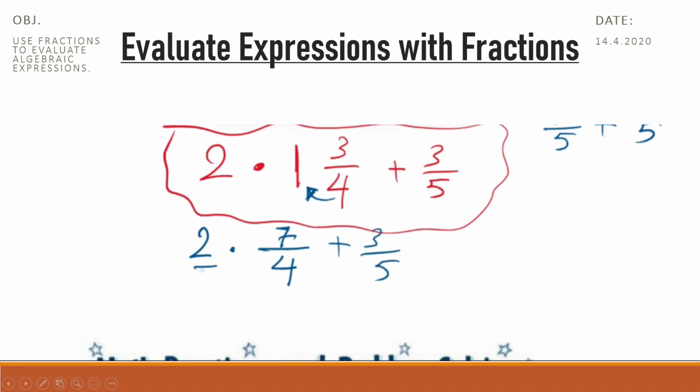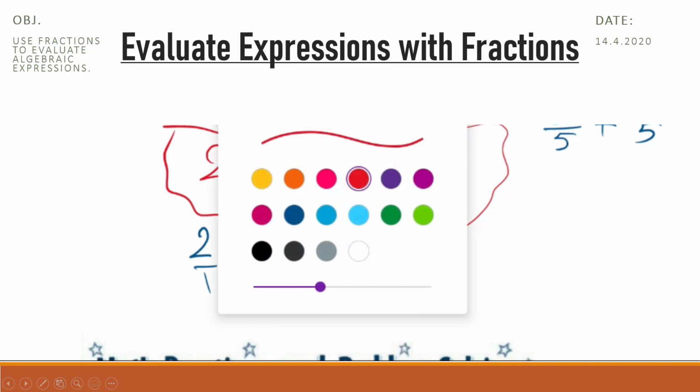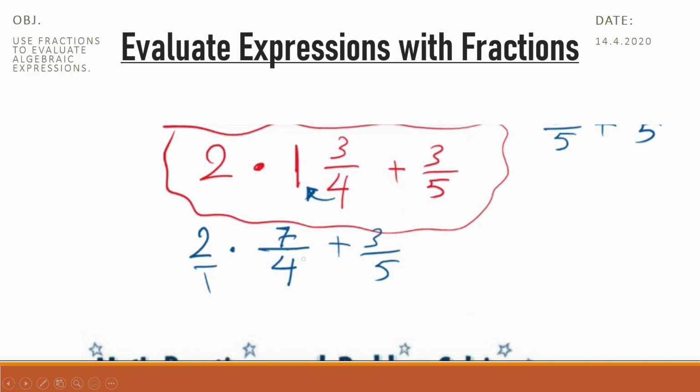Now we have denominator 1 and simplify. 4 divided by 2 is 2. We will divide by 2. 4 divided by 2 is 2, and 2 divided by 2 is 1. Now multiply. 1 by 7 is 7, and 1 by 2 is 2, plus 3/5. Now guys, in this question we don't have common denominator.